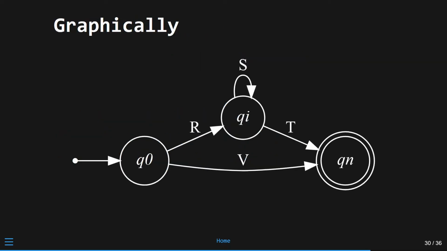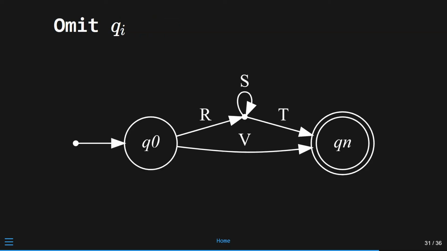Let's do it graphically. Imagine k equals 3: q0, qn, which is our accepting state, and qi. R, S, T, B, those are just names of languages. I have to call them something, so I call them R, S, T, B. I take out qi.